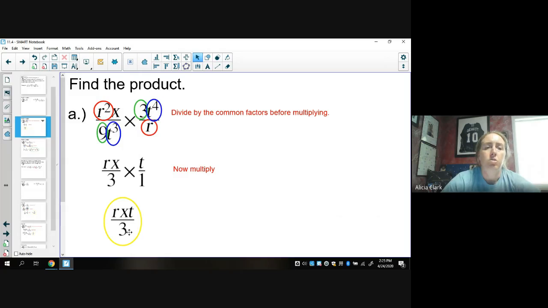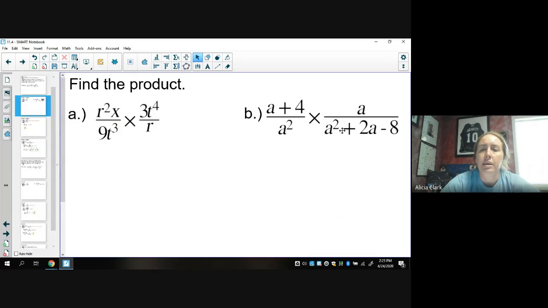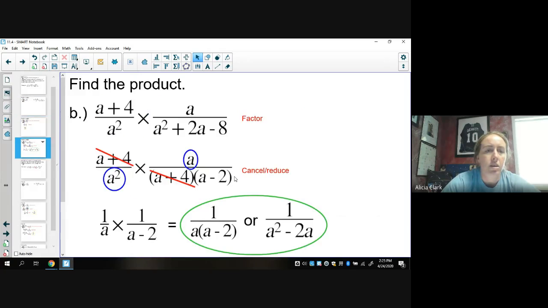Okay, so the second example that we're going to look at is a plus 4 over a squared times a over a squared plus 2a minus 8. So whenever we are multiplying these, the first thing that we're going to do is factor in the denominator. So whenever we are factoring, we're going to factor like we did in the last lesson.